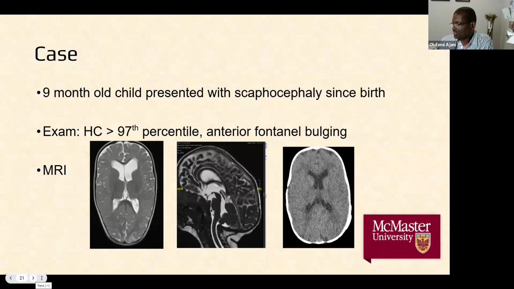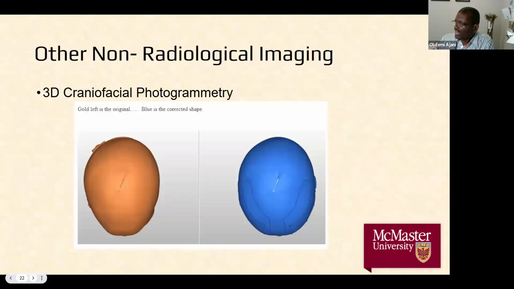So imaging can sometimes be invaluable in the management of these patients. There are other non-radiological imaging methods that we use to monitor patients that are treated by helmet therapy. One of them is the 3D craniofacial photogrammetry, in which images are taken in 2D, but at different angles.